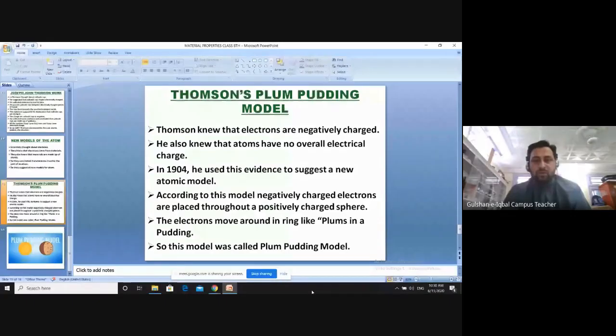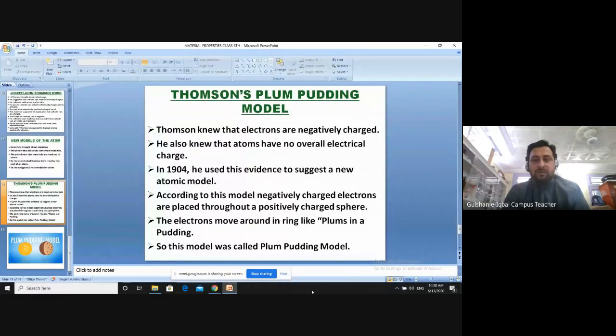Two evidences to suggest a new atomic model. According to the model of J.J. Thomson, negatively charged electrons are placed throughout a positively charged sphere.